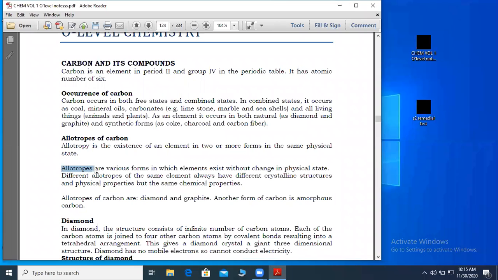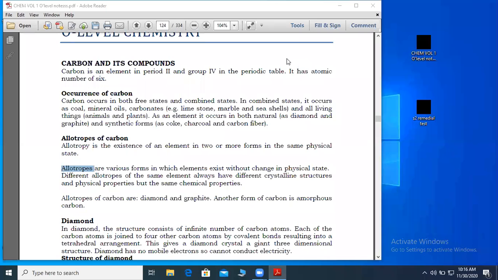So let us distinguish between these two words. What is allotropy? Allotropy is like a process.